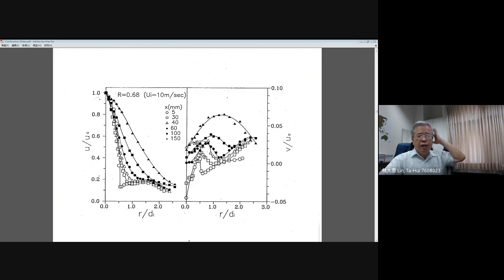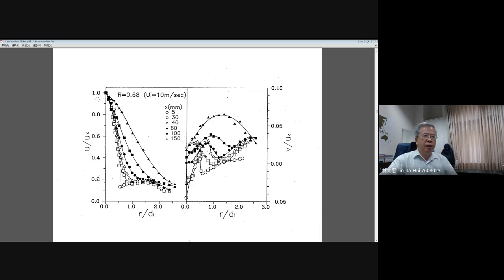Okay, and the radial velocity still tells you near the interface of the inner and outer jet, we can see there is an increase of the radial velocity at the interface, but it is pushed back by the outer flow, but the outer flow still has a tendency to extend its radial velocity outward.